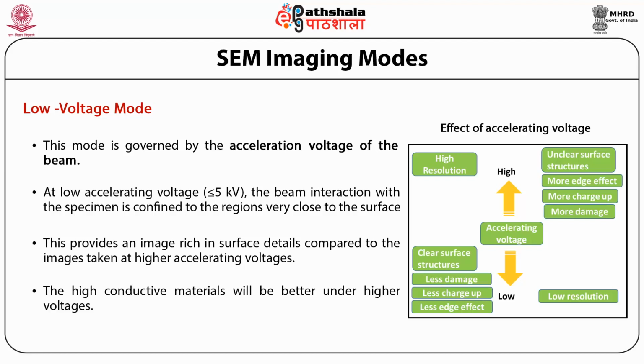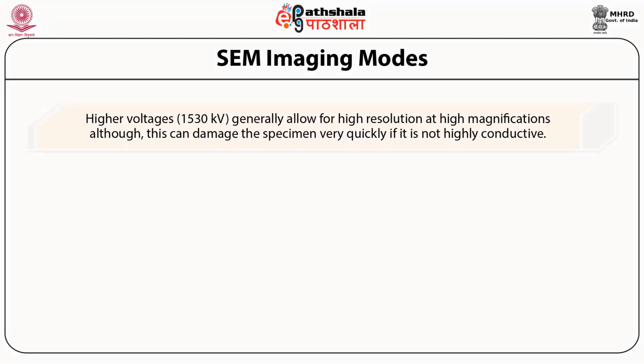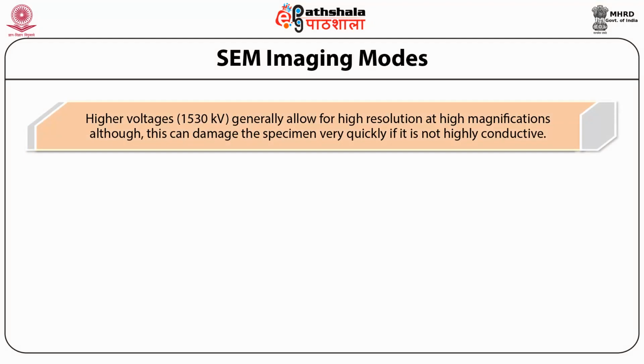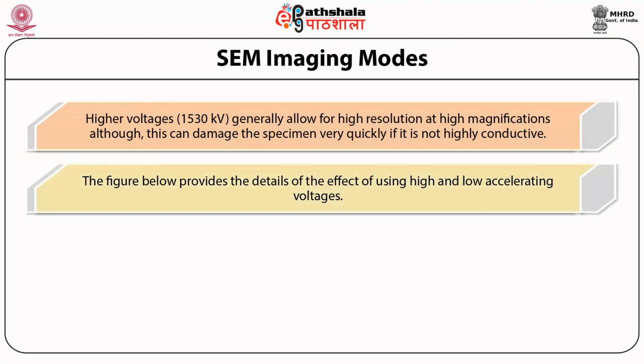Highly conductive materials will be better under higher voltages. Higher voltages, around 15 to 30 kV, generally allow for high resolution at high magnifications, although this can damage the specimen very quickly if it is not highly conductive. The figure below provides the detail of the effects of using high and low accelerating voltages.